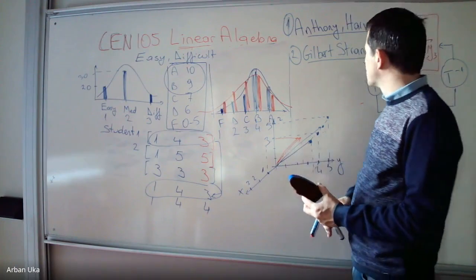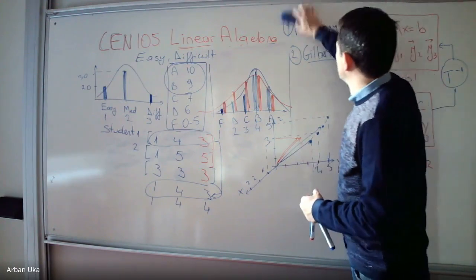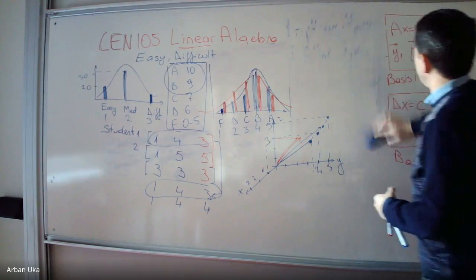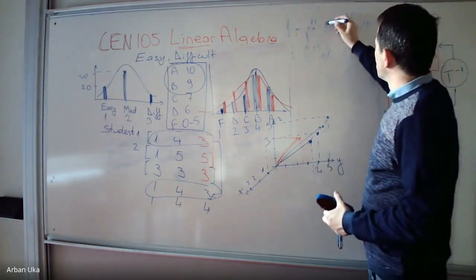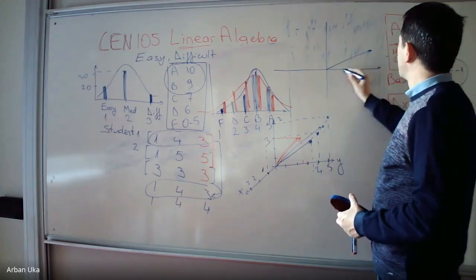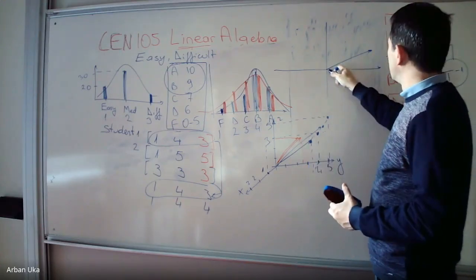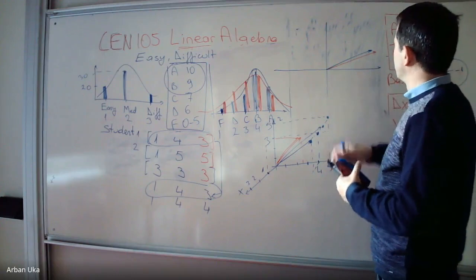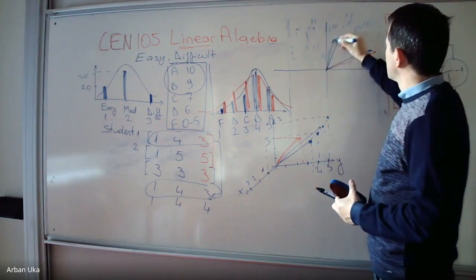If we try to project this into a two-dimensional space, we could also classify them something like this. So we can have a vector here, another vector here, and maybe some other students like this.